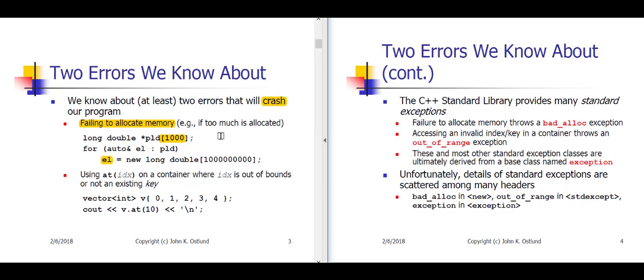Well, a single long double is 16 bytes, so here we're allocating 16 gigabytes with every use of new, and for sure that's going to fail, very likely the first time through the loop.